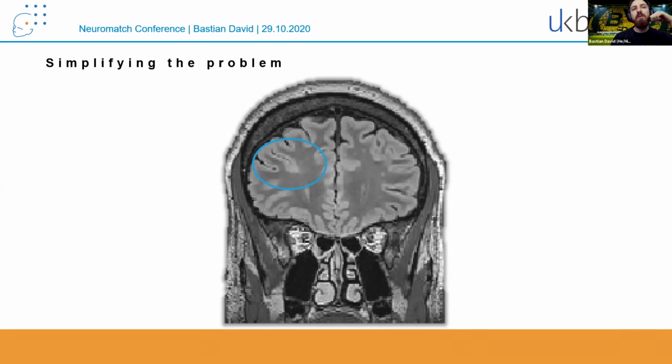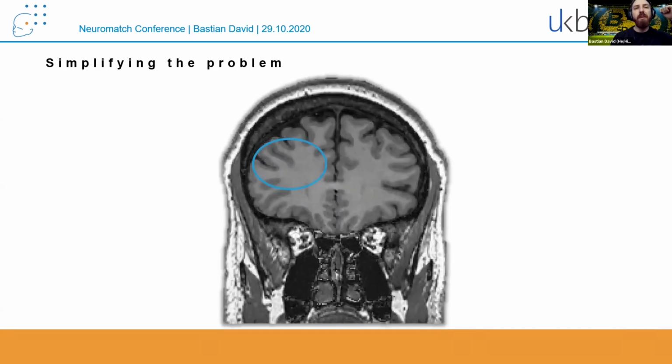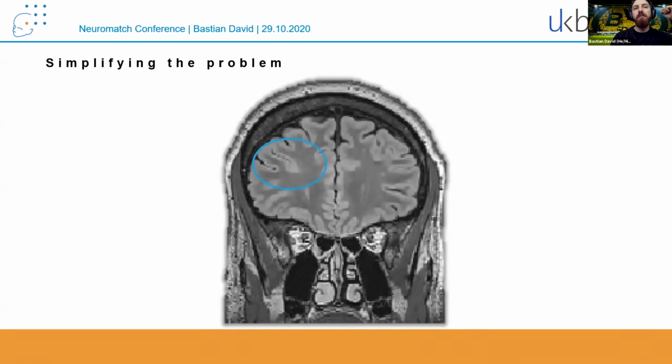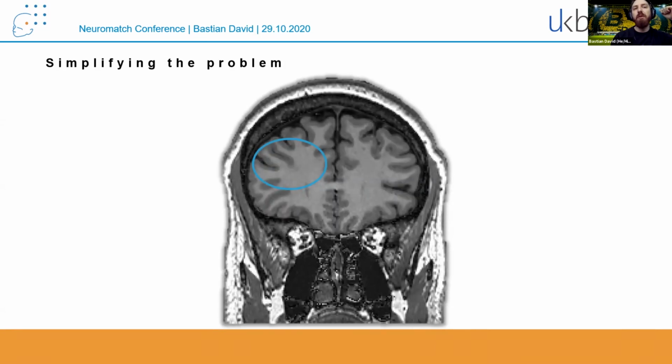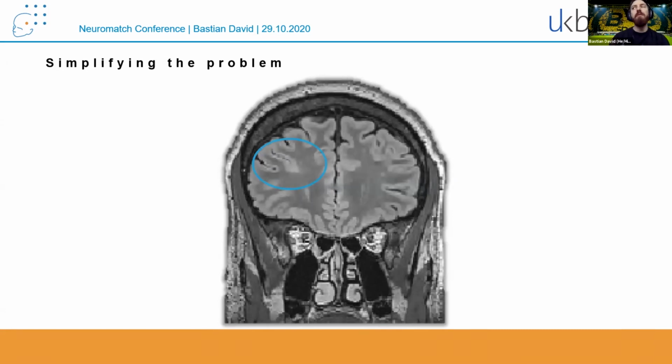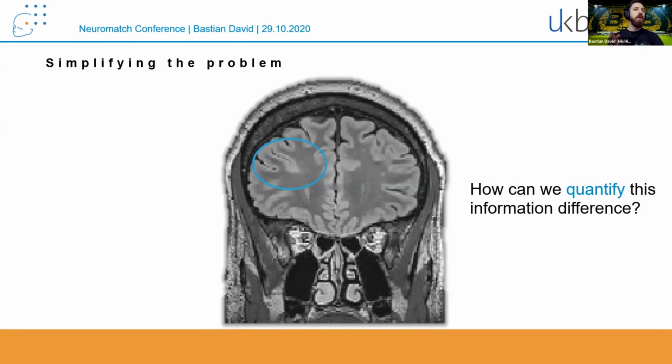If you now look at the same region in the T1 weighted image, you can not see that much. So in comparison, this is the FLAIR image, and this is the T1 image. In the T1 image, the lesion seems nearly invisible. And our idea was, can we use this information mismatch between these two sequences? And if yes, how can we quantify this beforehand, before we feed it into our DeepMedic network?